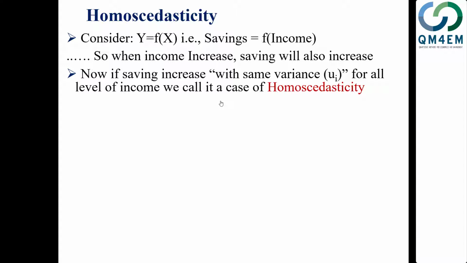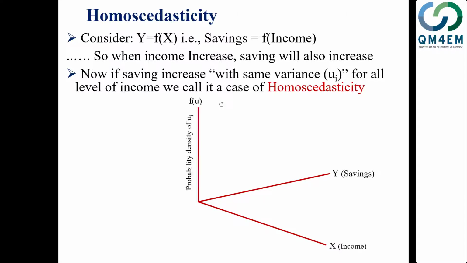Now in the case of homoscedasticity, we would expect that the variation in saving would be of the same nature with increasing income levels. Put in simpler words, when income increases, saving will increase, but as income rises to different levels, the variation of saving with income levels also remains the same.